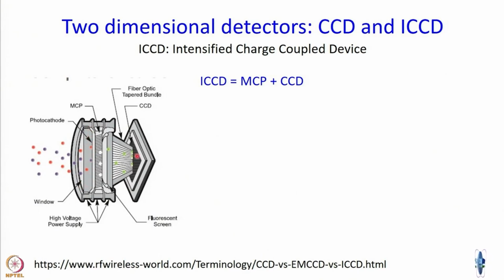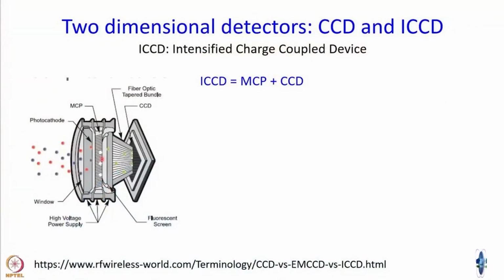By the way, this schematic is taken from rfwirelessworld.com. I think that is about your CCTV camera, so this is not confined to lab use. Then this is your MCP, microchannel plate, and that is where you apply the high voltage.